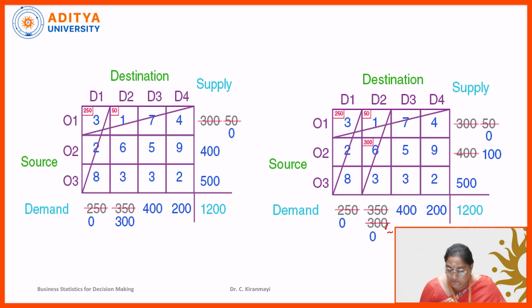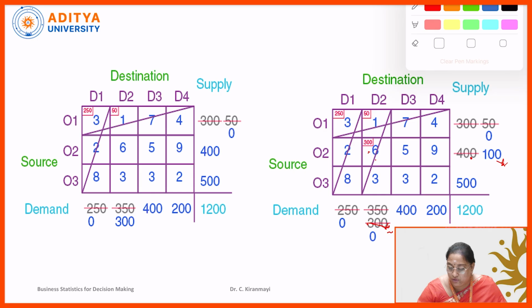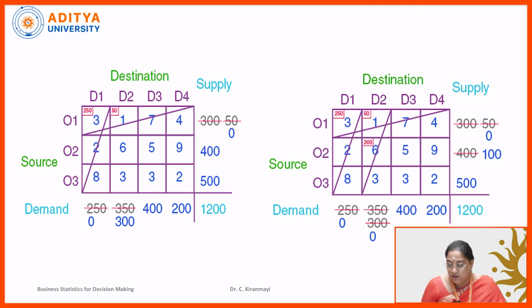So 300, 400, which is lesser, 300. Therefore, assign 300. All units are supplied, therefore, 0. And out of 400, 300 already supplied, so 100 remains. 400 minus 300 is 100. So, 100 more units can be supplied from origin 2.